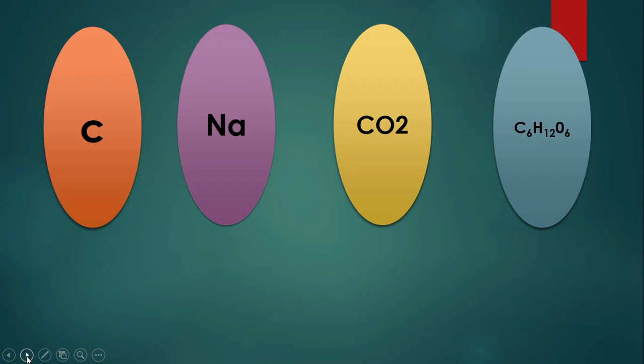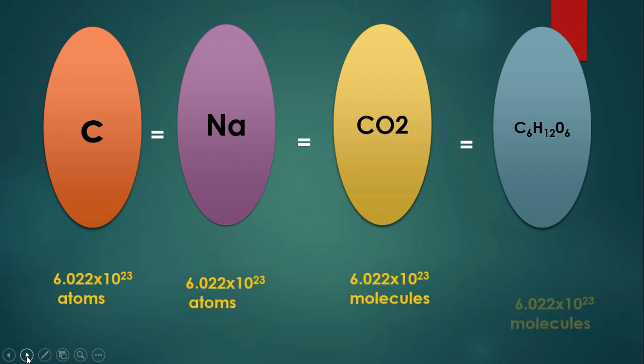Suppose we have a carbon atom, sodium atom, carbon dioxide molecule and sugar molecules. Okay, students, they all seem to be equal, but on what basis are they equal? Because they all have the same number of particles. Carbon has 6.022 × 10^23 atoms, sodium has the same, and carbon dioxide and glucose, they all have the same values.